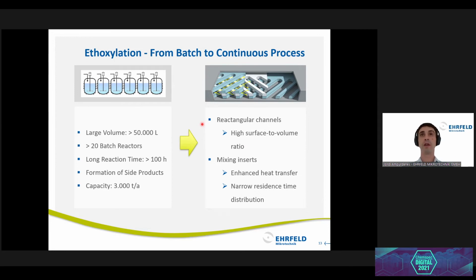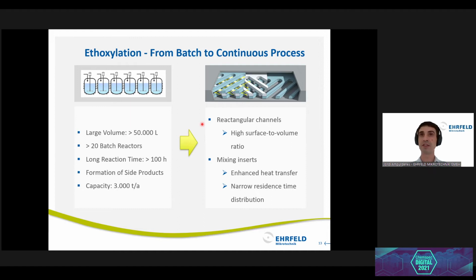Our approach to ethoxylation in continuous flow is to make use of the MyProva reactor technology, which has rectangular channels that provide a high surface to volume ratio. These rectangular channels are combined with mixing inserts.